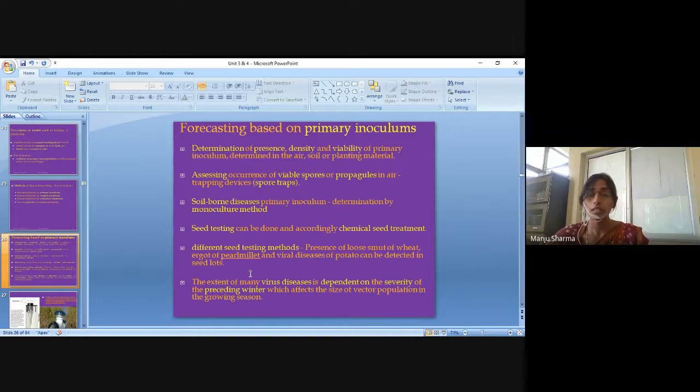Then seed testing can be done and accordingly chemical seed treatment.